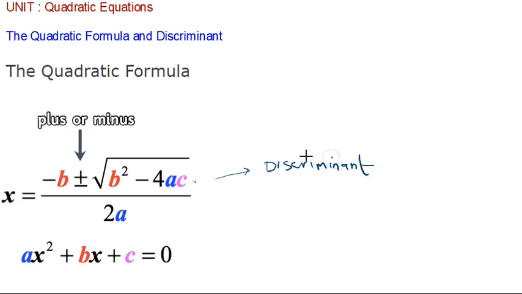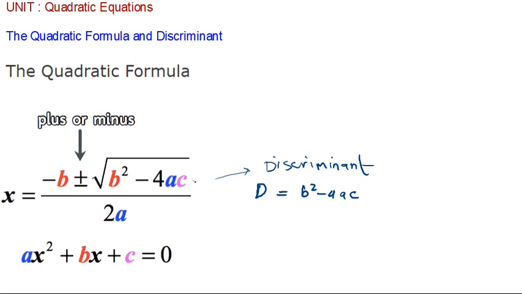Why discriminant? Because using this formula we decide the number of solutions the quadratic equation has. So this is the discriminant, denoted by D equals b squared minus 4ac.